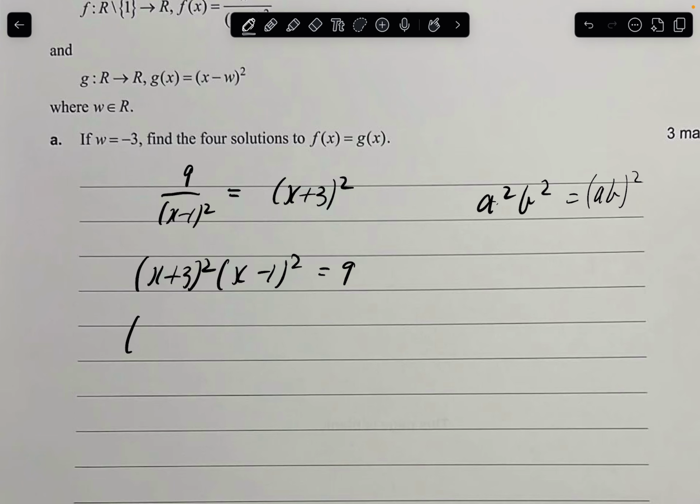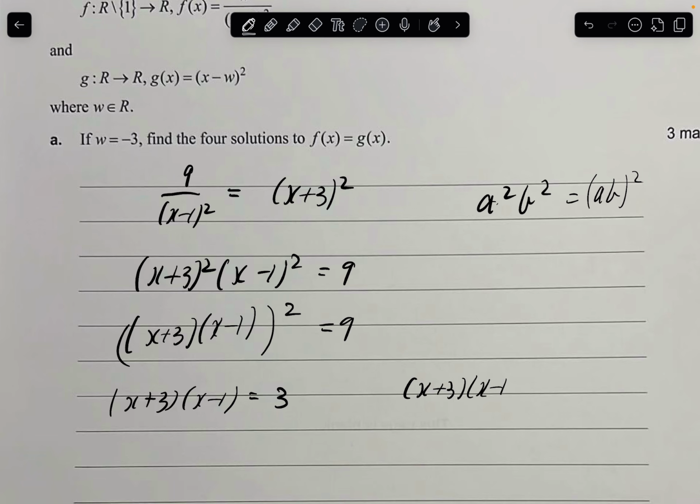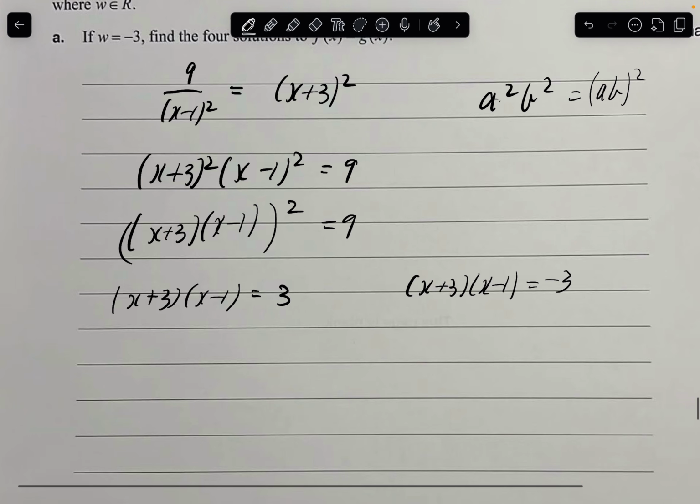So you can say that x plus 3 times x minus 1, all squared equals 9, and then x plus 3 times x minus 1 is equal to plus or minus 3, right? So you've got 2 there, and you should get 2 here and 2 here, and that would be 4 solutions.